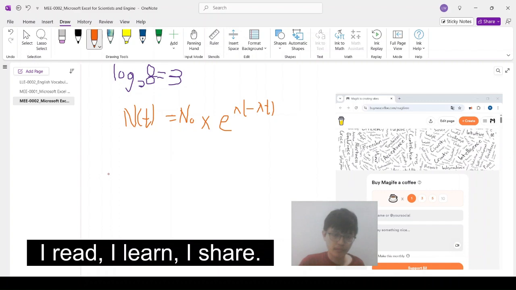So we do some math trick here. We move the N0 to the other side.